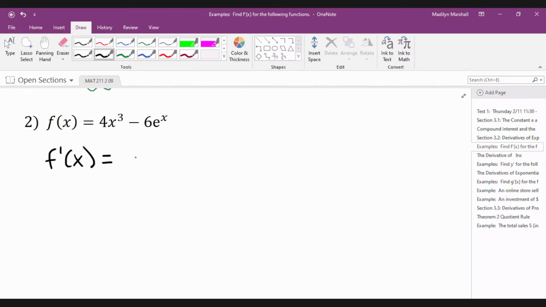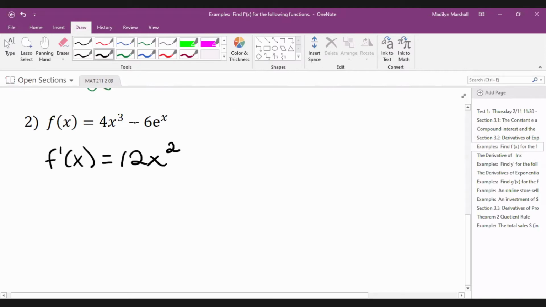So we have two terms again. So let's look at each term independently. The 4x cubed part, what will be the derivative of that? 12x squared. Yes, exactly, 12x squared. So that's just our power rule.